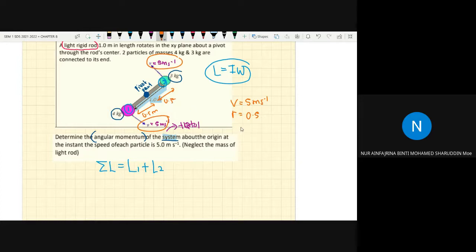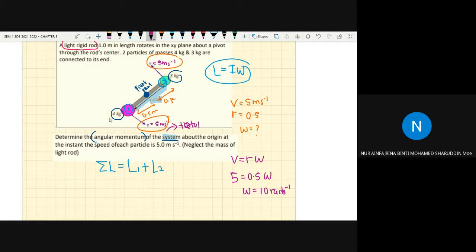Nak pakai formula apa? V equals to R omega. Very good. V adalah 5, distance adalah 0.5, jadi angular velocity awak 10 radian per second.